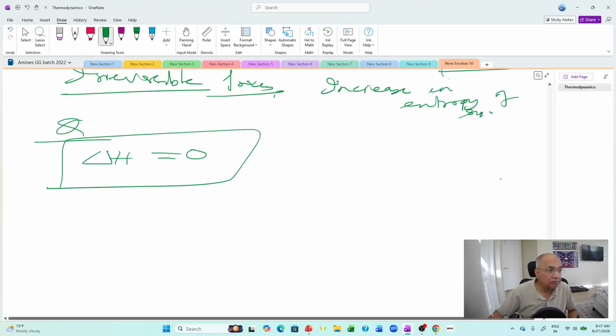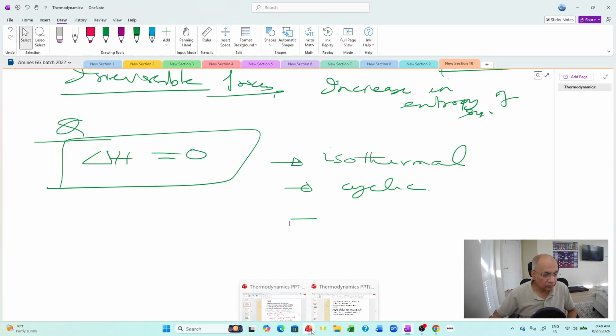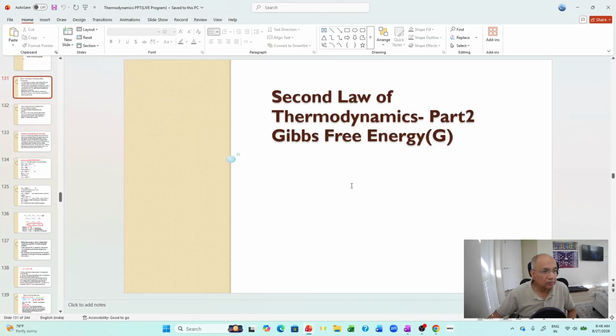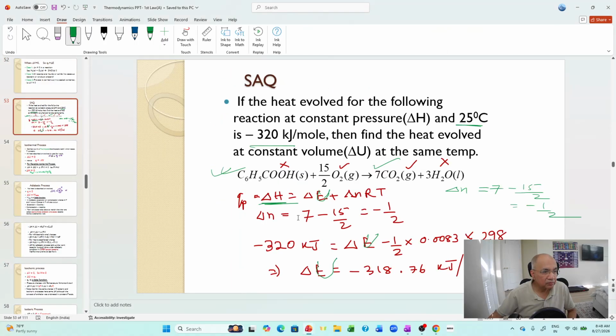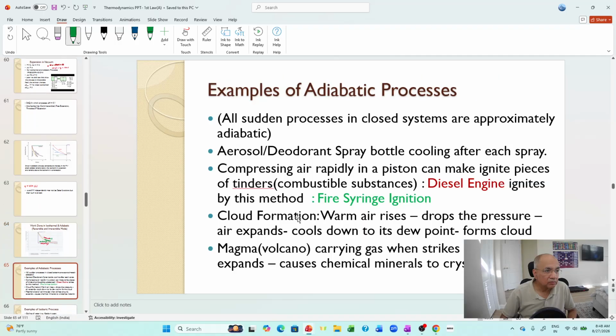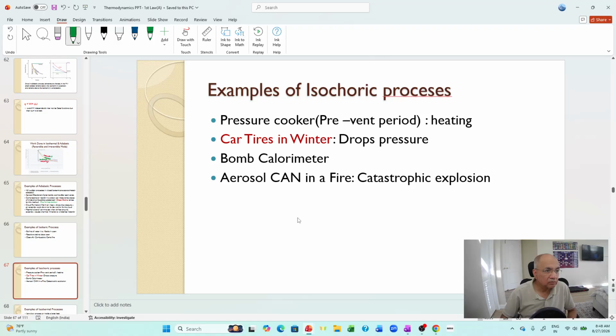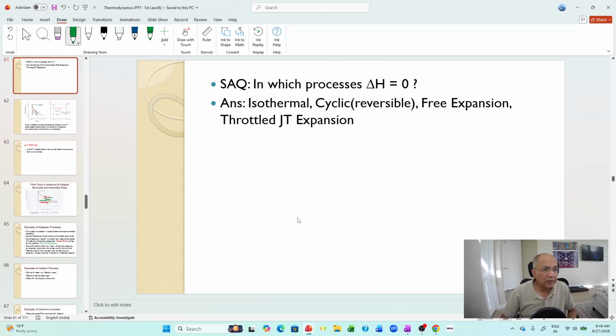You will find another effect in isothermal and in cyclic and free expansion.